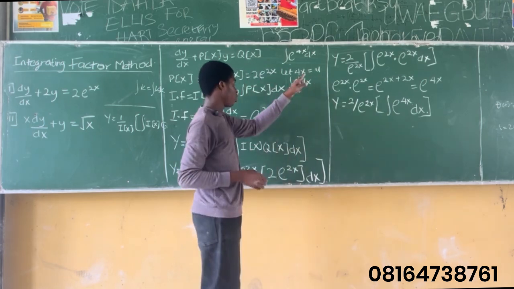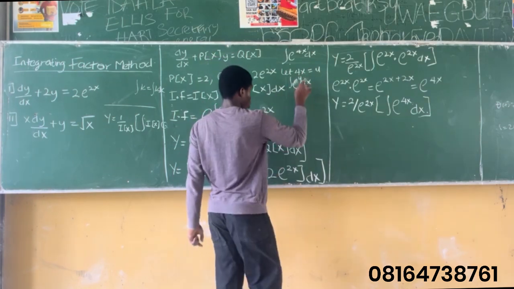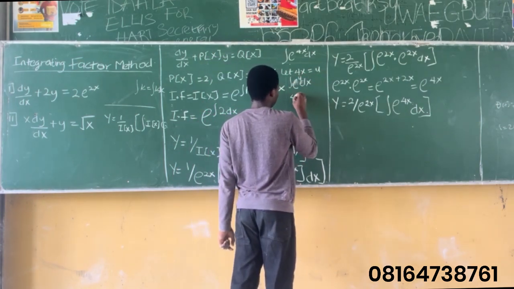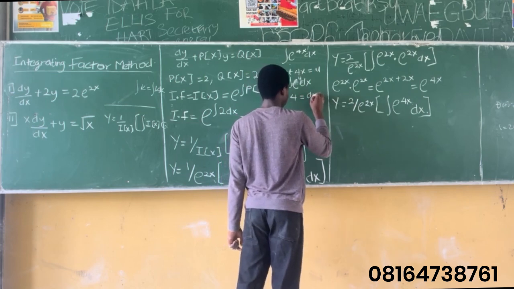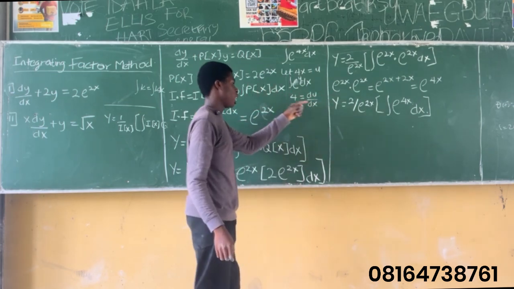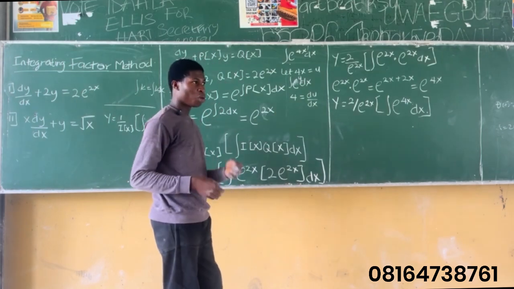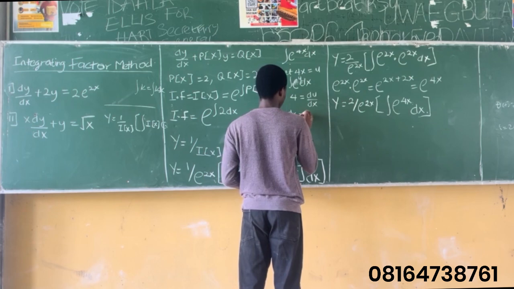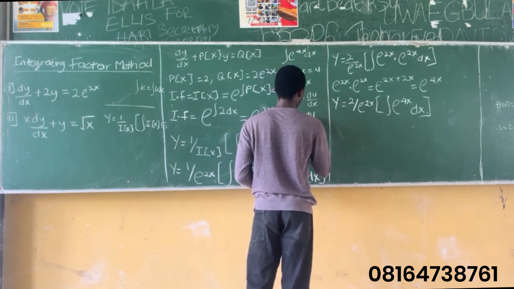Now if we differentiate this with respect to x, we'll have 4 is equal to du over dx. So now we'll make dx the subject of the formula. I know it's much more complex. It will be dx is equal to du over 4.